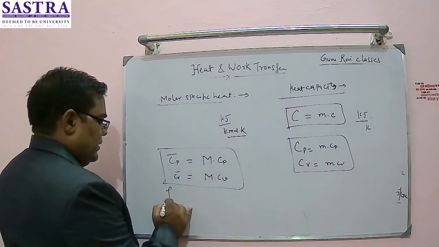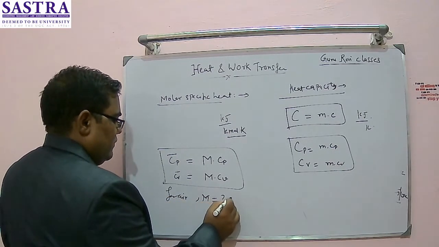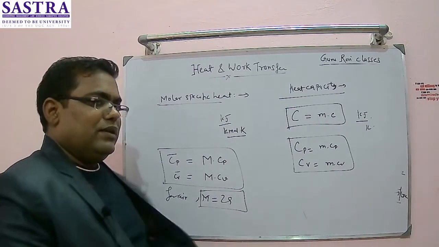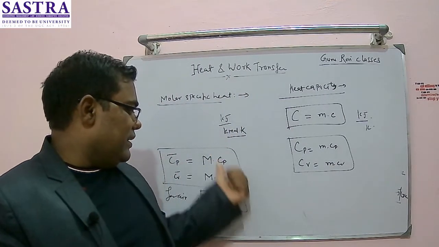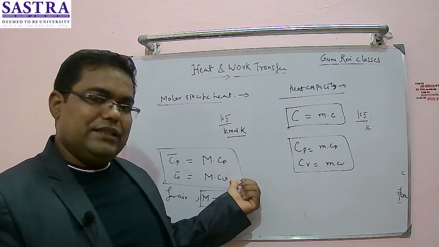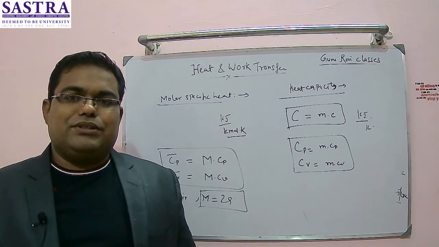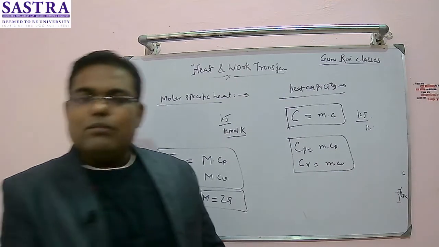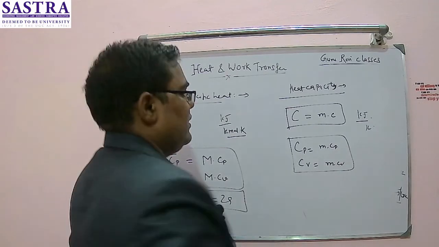For air we know molecular weight is 29. Usually we consider 29. So if you multiply 29 by Cp and Cv, I can get the molar specific heat at constant pressure and molar specific heat at constant volume. So molar specific heat is also over.